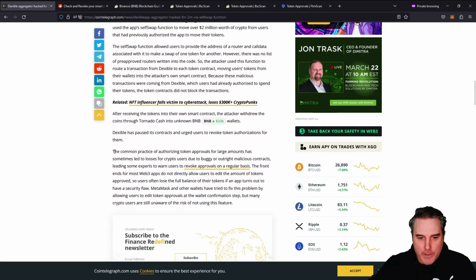If I go down here, it says the common practice of authorizing token approvals for large amounts. Okay, so large amounts is usually, it'll show you, it'll be unlimited. Has sometimes led to losses for crypto due to buggy, right? In this case, it was buggy or outright malicious contracts.